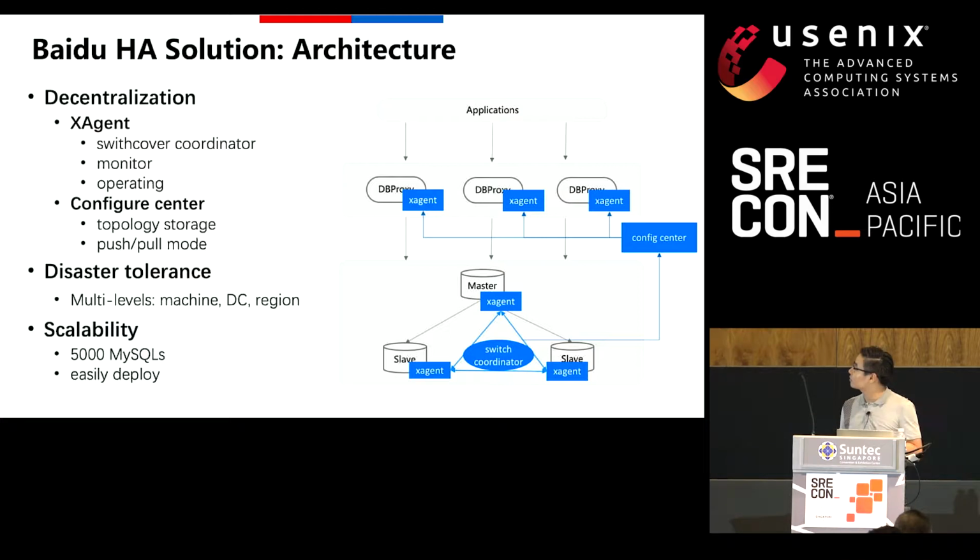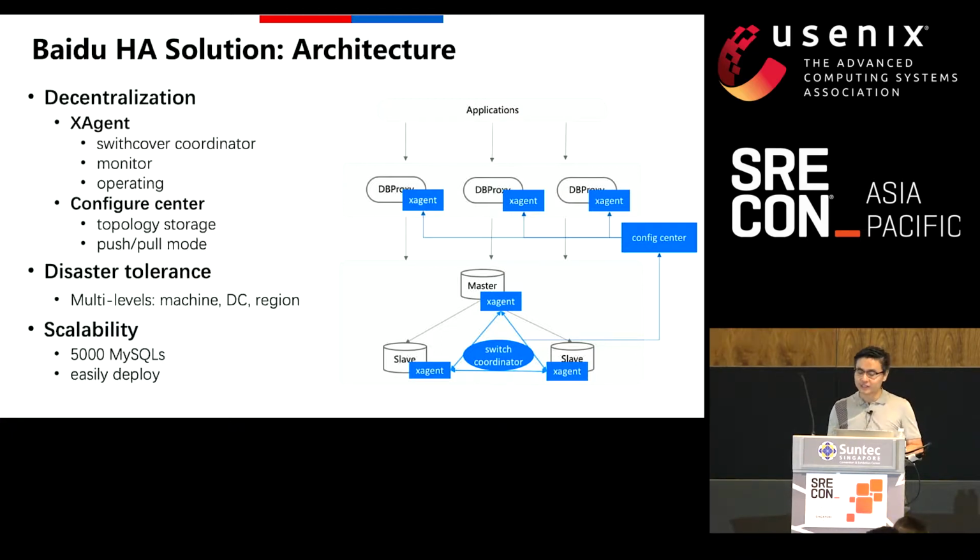For each cluster, the agents will elect a leader with the help of ZooKeeper, and the leader dominates the whole detection and recovery. The config center is used to store the topology configuration loaded by the agent process, and it can also make sure of config consistency.